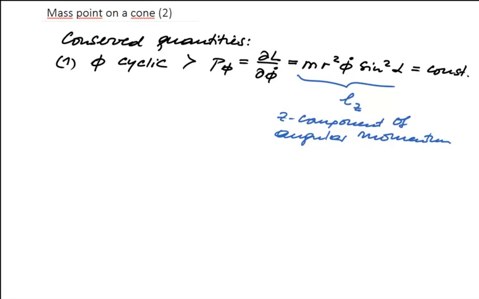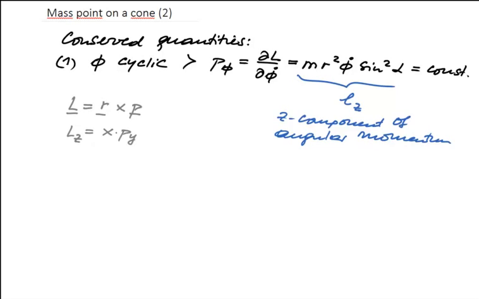How is the angular momentum defined? Angular momentum is defined as position vector cross momentum. So in particular, the z component of angular momentum is x times the y component of momentum.